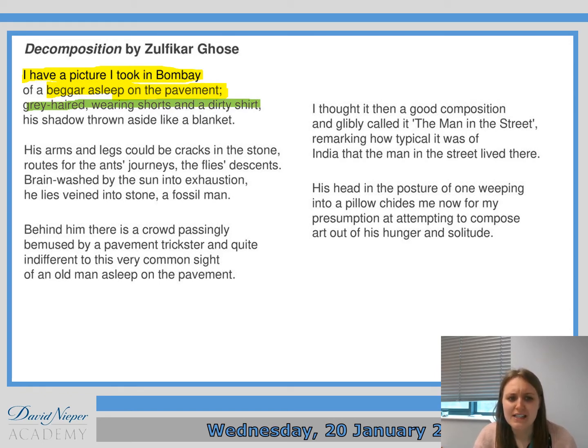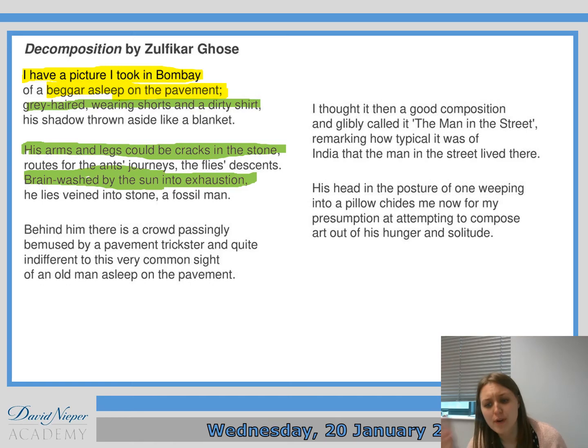We move on to the next stanza. Talking about his arms and legs could be cracks in the stone. So his arms and legs are sort of ruined, they're sore, they're dry. The fact that this man is brainwashed by the sun into exhaustion because he's got no shelter, and obviously India is very hot, he's been brainwashed by the sun.